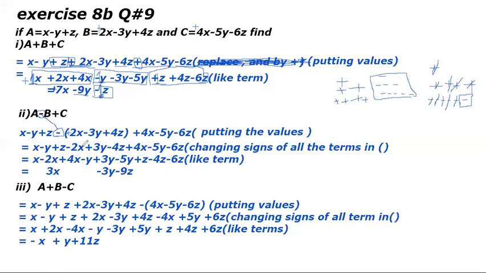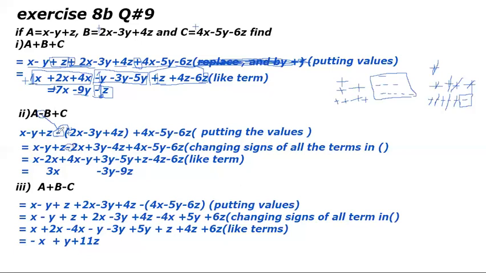Now some of my students will ask why we change the signs. The answer to this question is actually that this negative sign is multiplying with this positive 2x. Parentheses mean multiplication. You know this, that parentheses mean multiplication. When a negative sign is multiplied by a positive sign, it gives a negative sign.